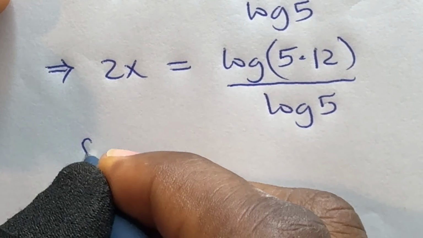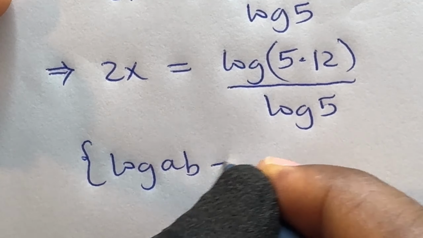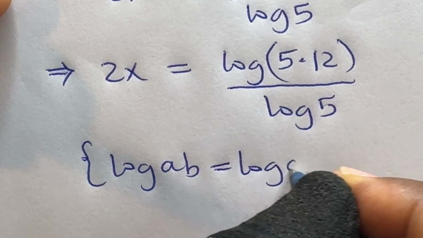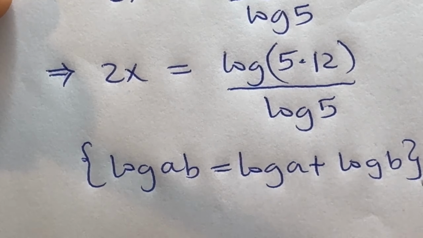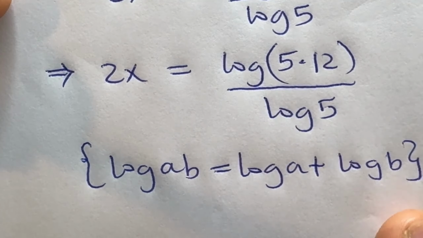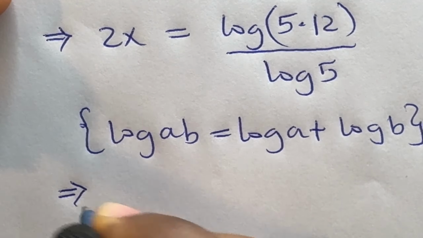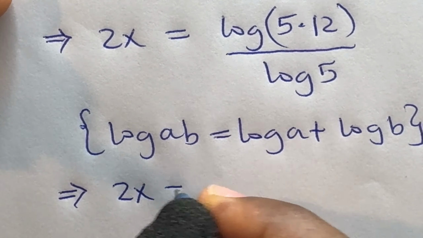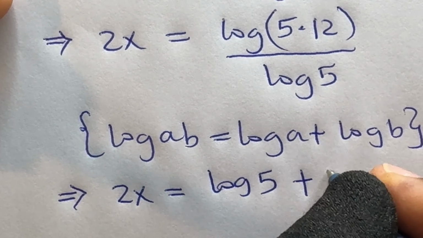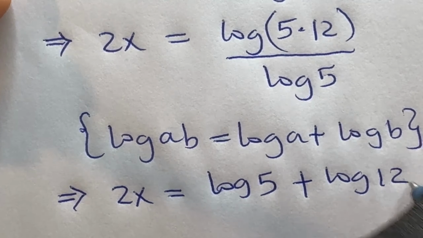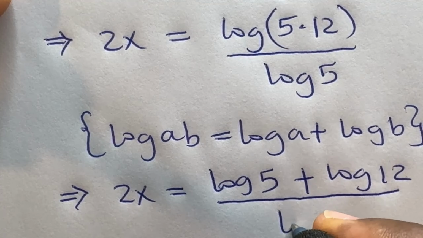I will use this law of logarithm. Log AB is equal to log A plus log B. I will use this to expand this, giving us 2x is equal to log 5 plus log 12 divided by log 5.